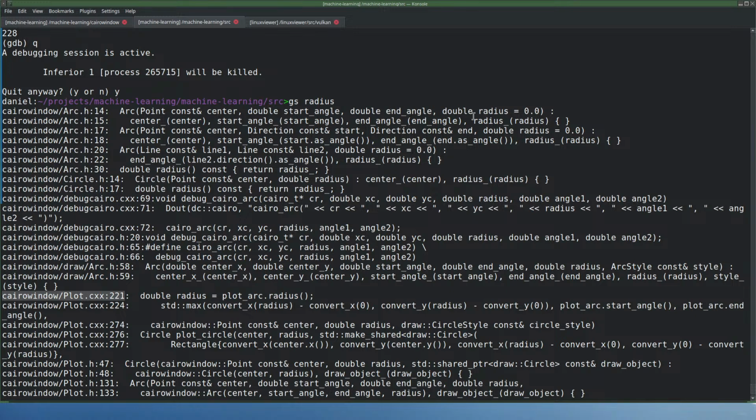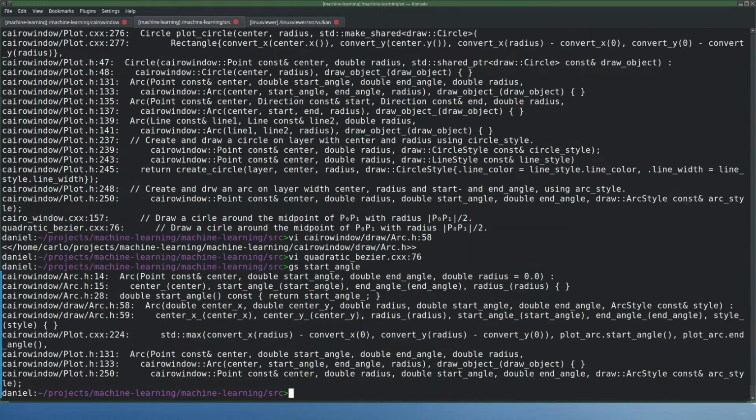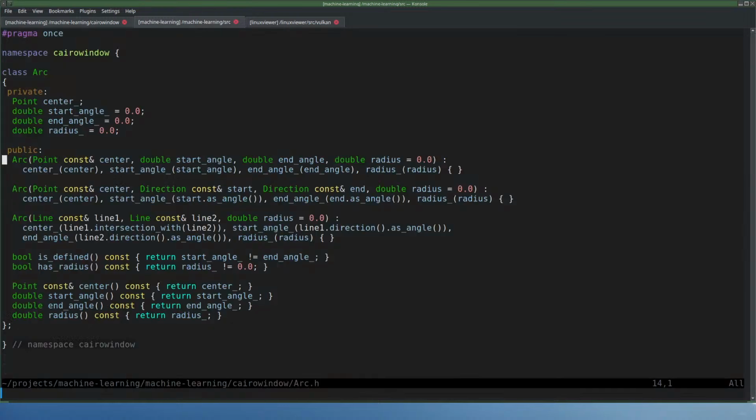This looks also wrong. Maybe I should look for start angle instead. It's a little bit less. So radius before angles. Then I cannot pass radius is 0 by default. Nah, whatever. Then we don't.